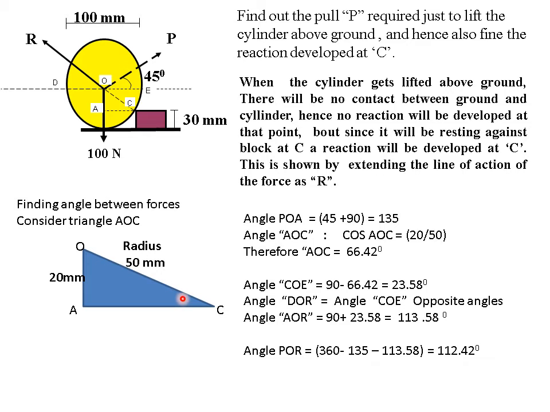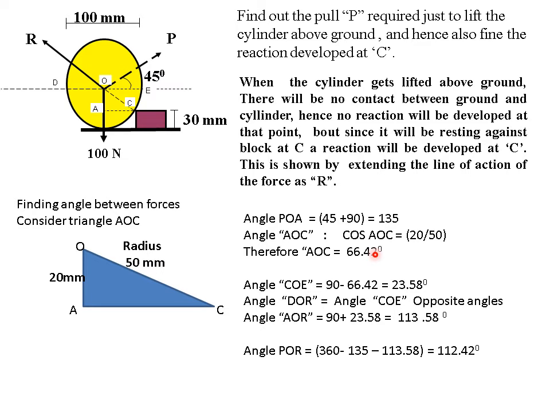Now how can I use it? If you take this angle as theta, AOC, then cos theta is nothing but the adjacent side upon hypotenuse. So cos of AOC is 20 divided by 50. Therefore, AOC will be equal to 66.42 degree.